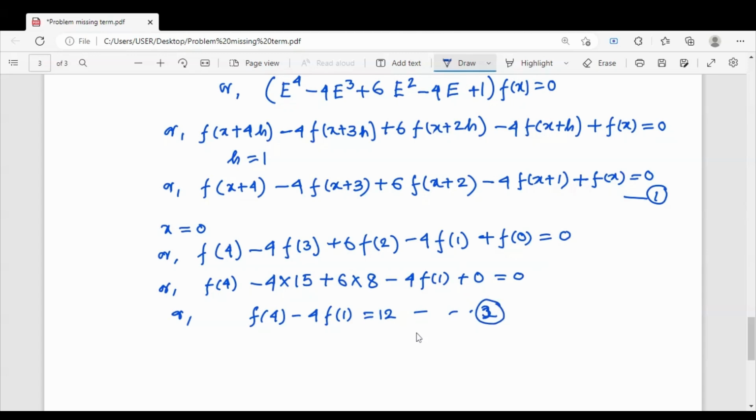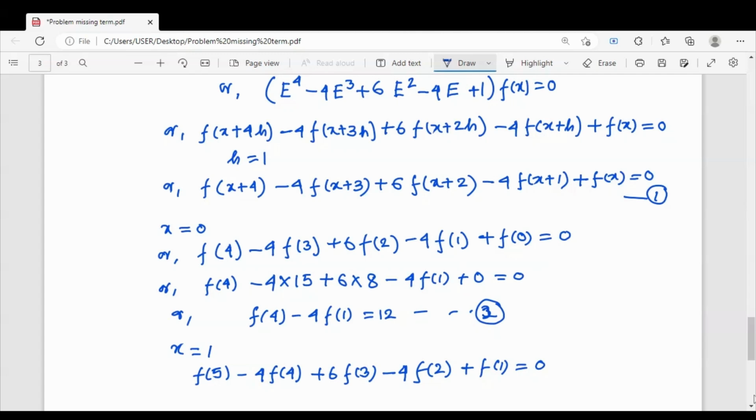Equation number 2. Next, we put our next argument, that is x equal to 1. So if you put x equal to 1, we get from equation number 1, f(5) minus 4 f(4) plus 6 f(3) minus 4 f(2) plus f(1) equal to 0.